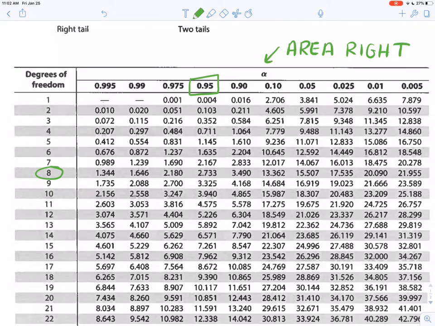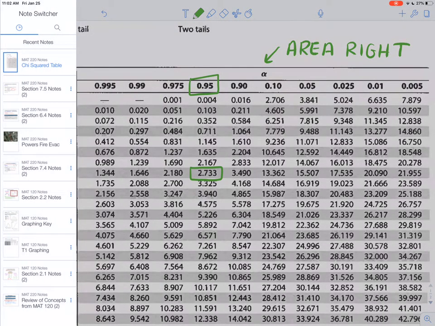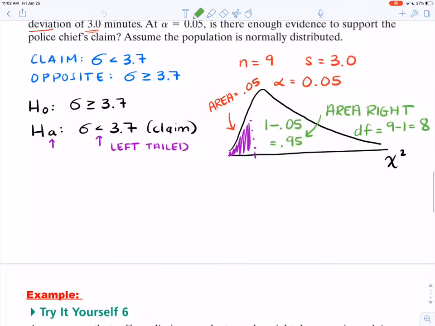So that shows me that my critical value for this test is going to be 2.733. I'm going to place my critical value right there, and the rejection region will be any values less than 2.733.